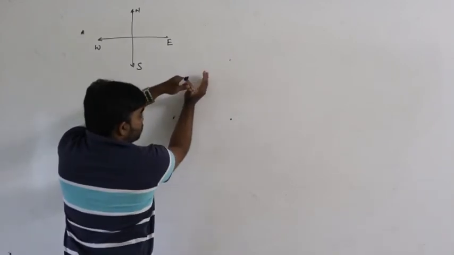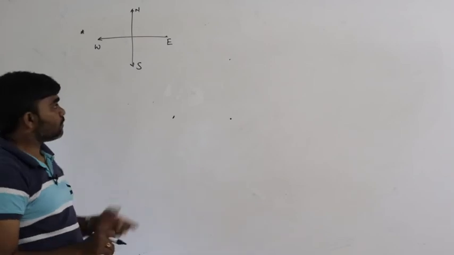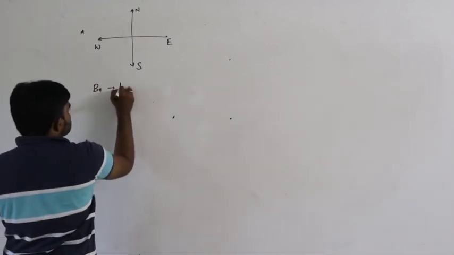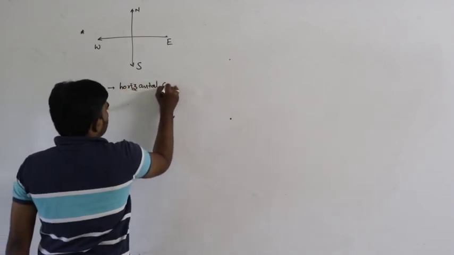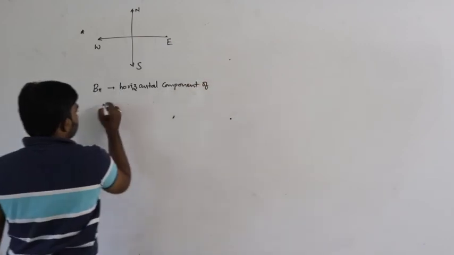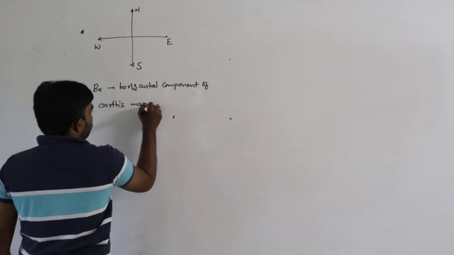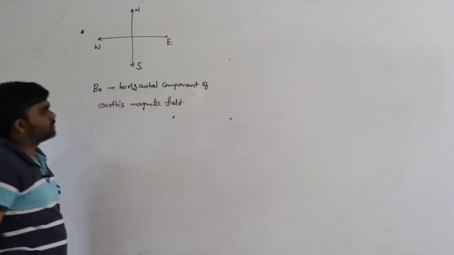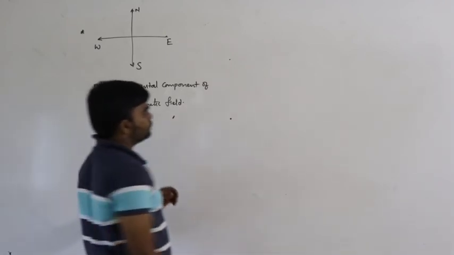And one more thing, let us say BH is the horizontal component of Earth's magnetic field. This is BH.